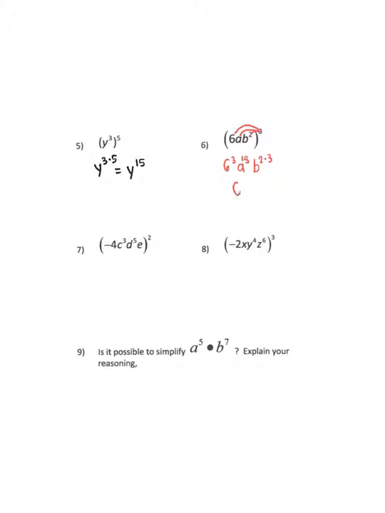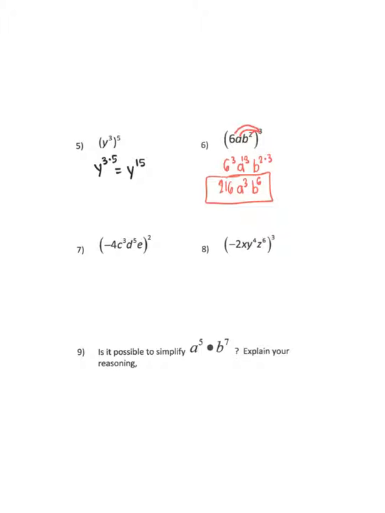So my final answer here, 6 to the 3rd, I have 6 times 6 is 36, times 6 again gives me 216. Then a to the 1 times 3, that's just a to the third. And b to the 2 times 3, 2 times 3 gives me 6. So this is my simplified answer.